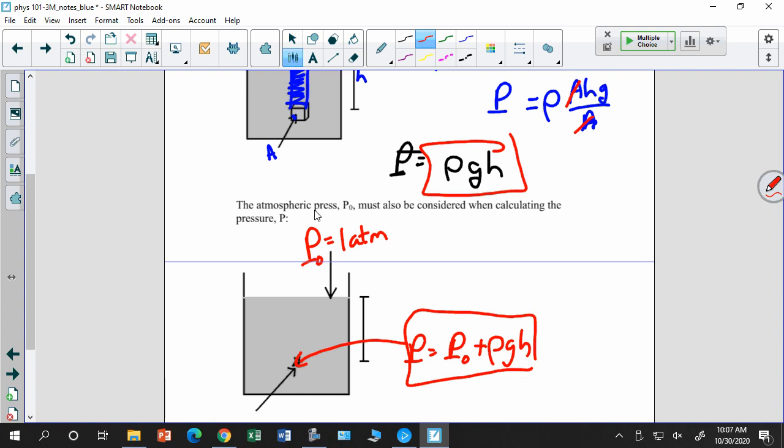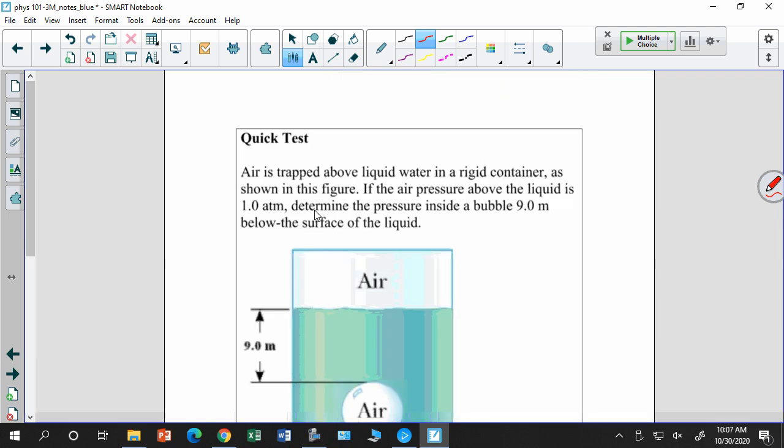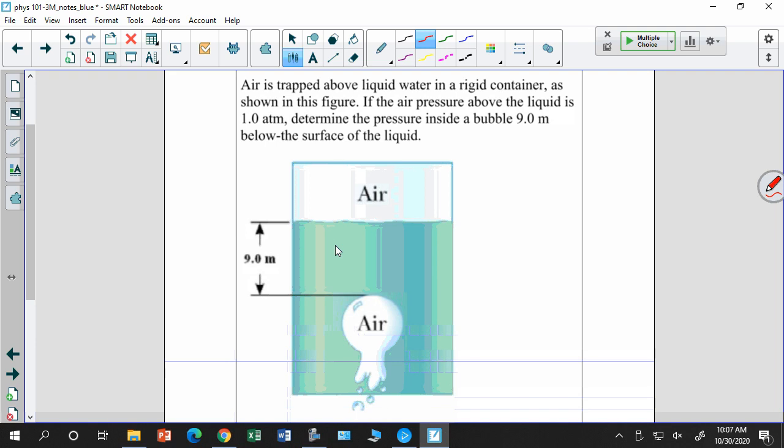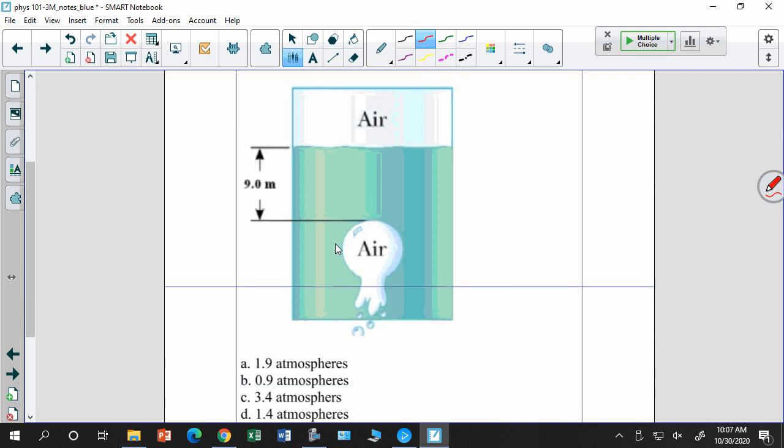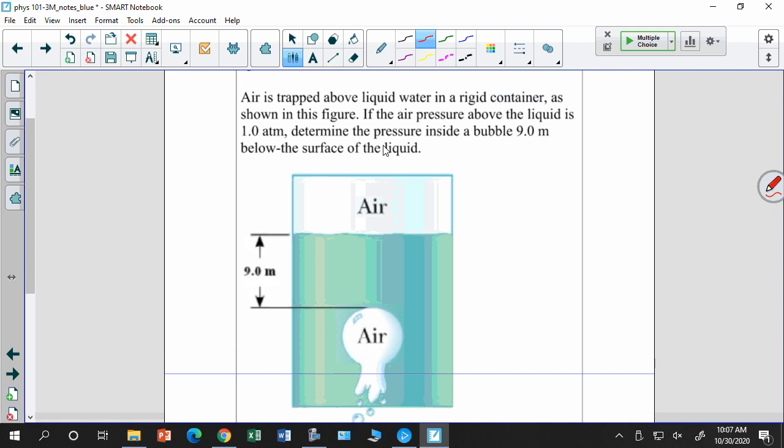All right, let's try this next clicker question. I have this bubble below the surface of a liquid, and I want to know what is the air pressure, or the pressure inside that bubble, if it's 9 meters below the surface of the liquid.